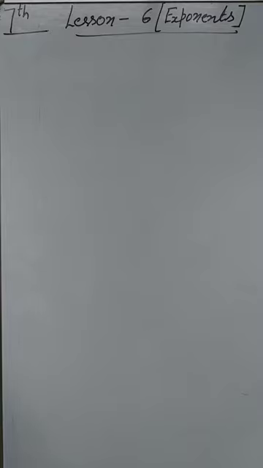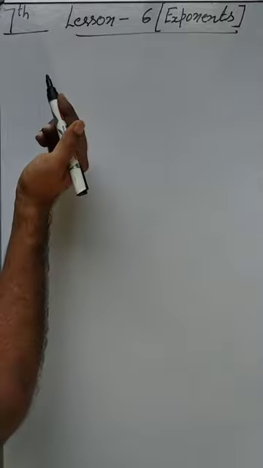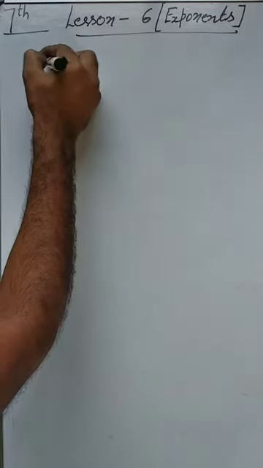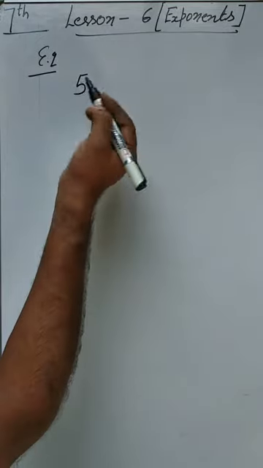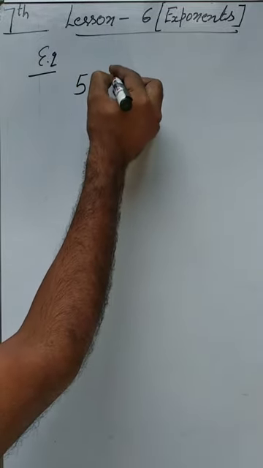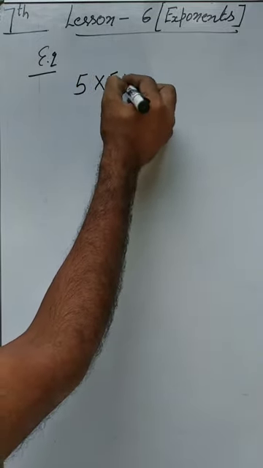Exponents are, beta, for example, if I multiply a number by itself so many times. I have a number 5, and I multiply 5 with itself, means 5 multiply 5.